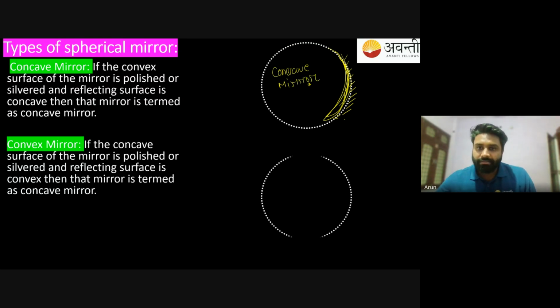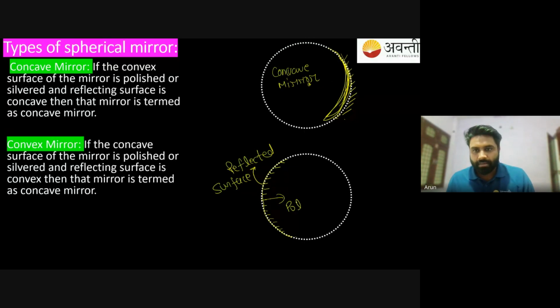In the other one, if I paint the inside surface, then the outer surface will be the reflected one. This is the reflected surface, and this is the polished surface.